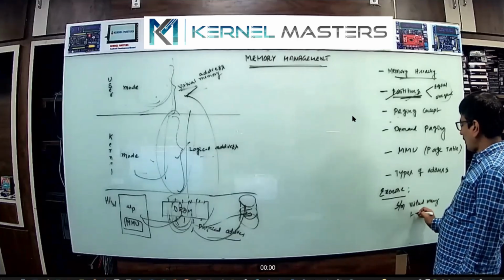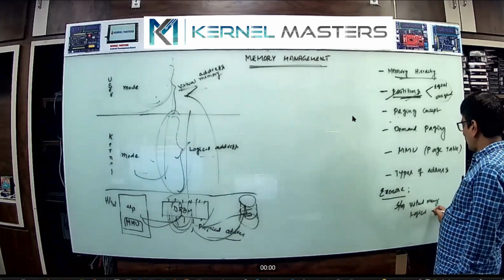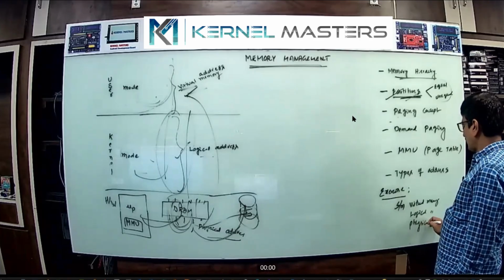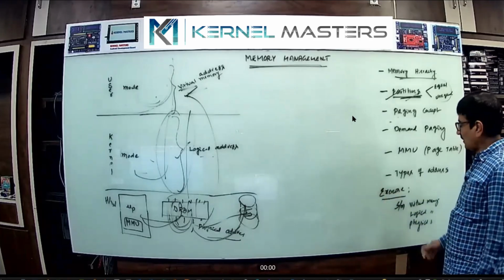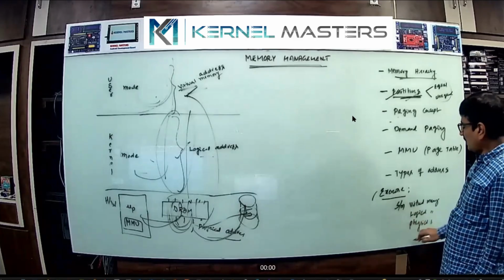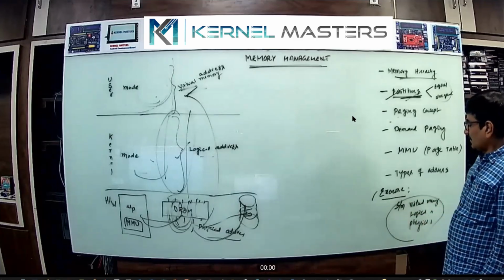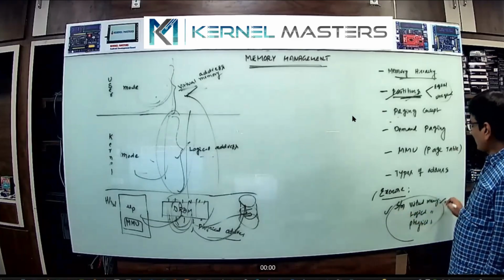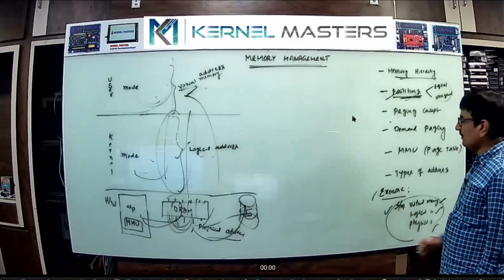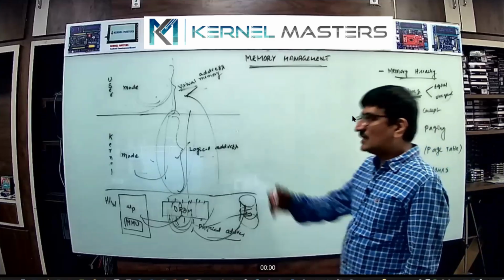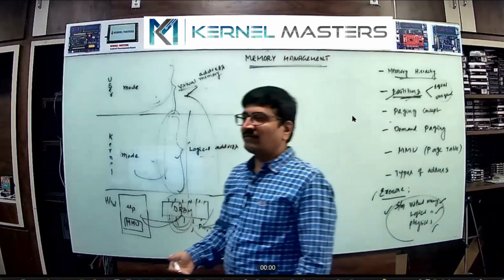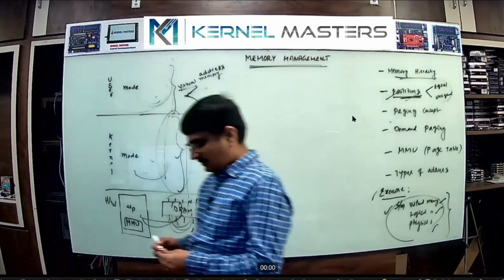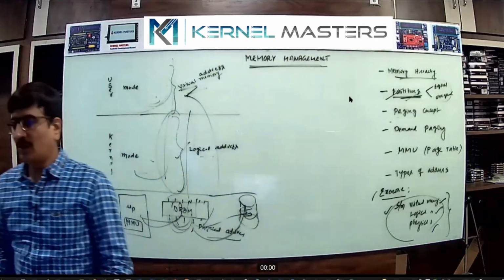Your laptop, wherever your operating system is running, you can find these out as a small exercise. So on your currently running operating system, you can find the virtual memory, logical memory, and physical memory. In Linux, there are some commands available to find them out. We'll discuss the practical commands and get the values. So that's all. This is the overall agenda we started with.